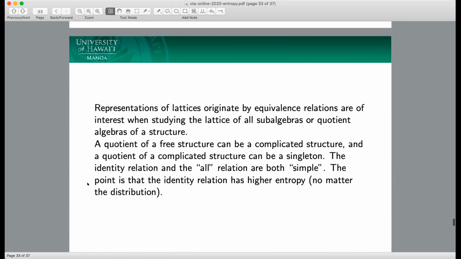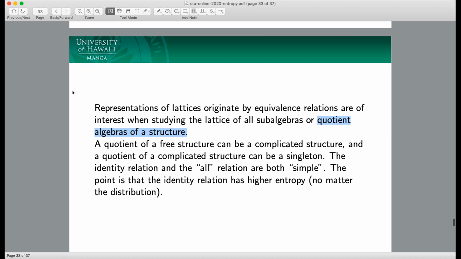Now, when we do get these representations of lattices by equivalence relations, that's using some work that's been done already by lattice theorists. And they are not coming at it from the point of view of entropy. They a long time earlier said, okay, we're interested in maybe the lattice of all subalgebras of an algebra, or we're interested in quotient algebras. This would be of interest all over mathematics. So we are looking at these different partitions forming quotient structures.